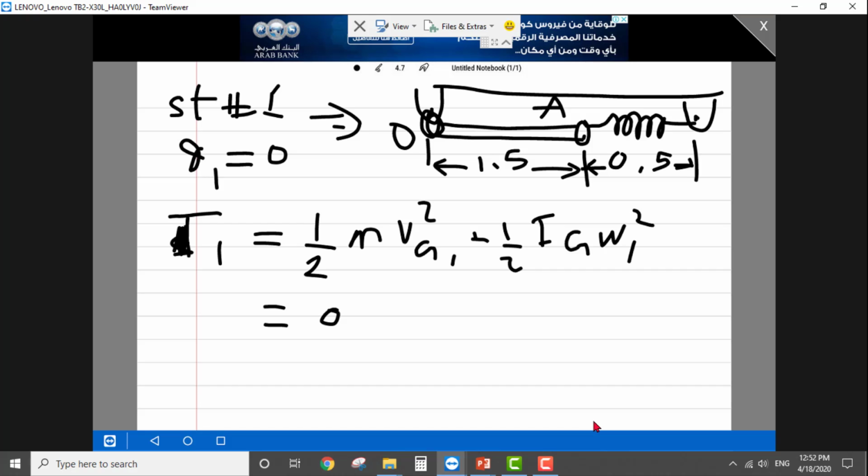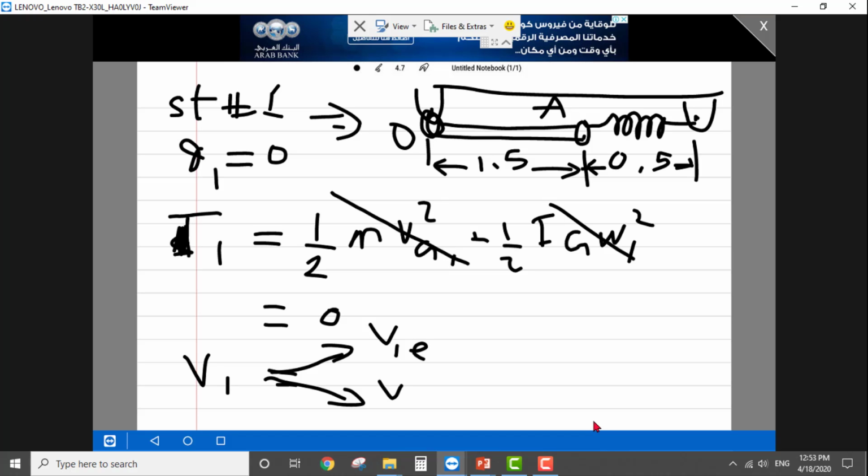Why? Because in the statement of the problem, it's mentioned that the 30 kilogram rod is released from rest. That means V1 and omega 1 equal 0, as well as T1. Let us look now at the potential energy V1. Potential energy V1 consists of V1 elastic and V1 gravitational.